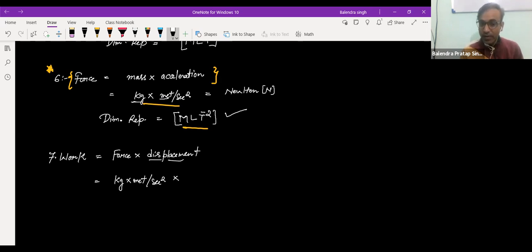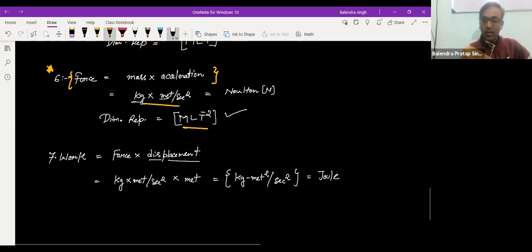What is the unit for displacement? I guess the displacement unit is meter. Again meter. So the unit for work is kilogram meter square per second square. This is the SI unit for work. We define this kilogram meter square per second square as joule.